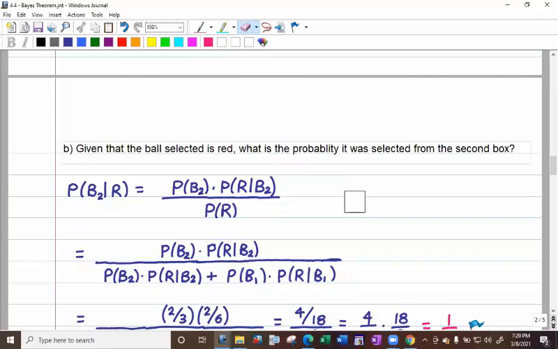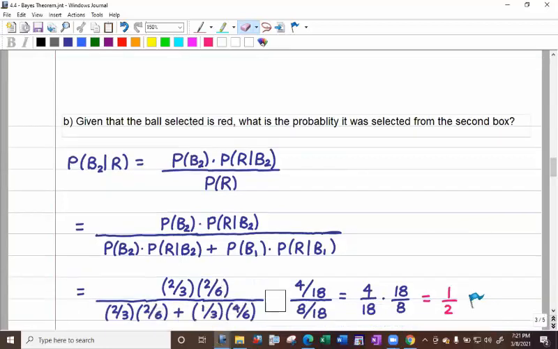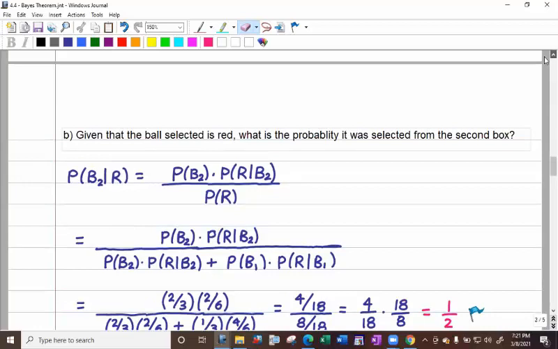All right. So the denominator is going to be exactly the same. It's going to be that same set of numbers, but the numerator, now we're only concerned with box 2. The numerator is going to be, that one works out to be 1/2 also.